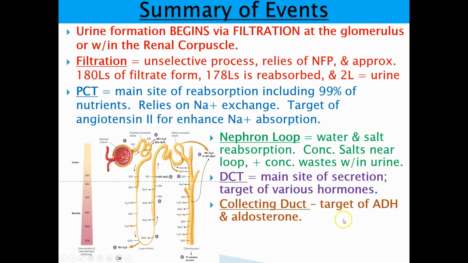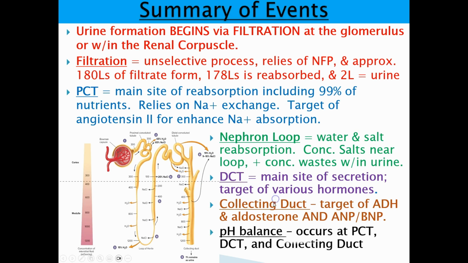So you might want to add natriuretic peptides to the list here, which I have actually done for you. And then don't forget, our pH balance occurs along the PCT, DCT, and collecting duct, i.e. it doesn't occur during filtration, and it really doesn't occur down here, although we are technically losing some chloride, but that's not really the balance. It's hydrogen.